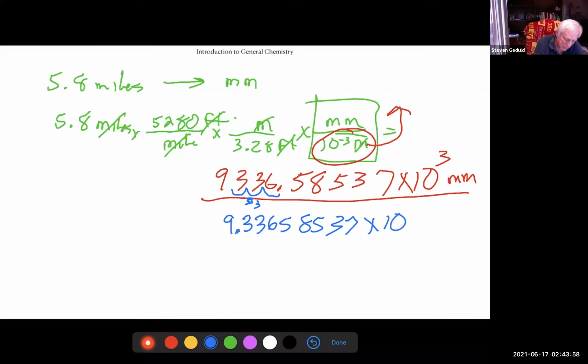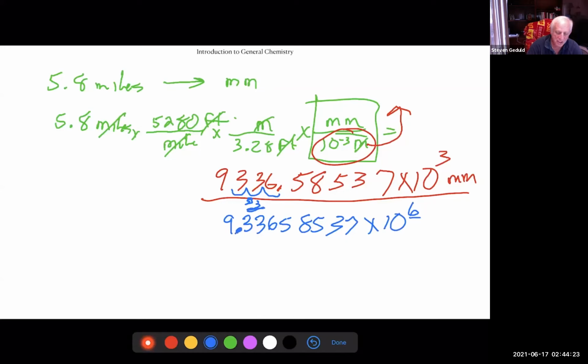Okay, so 9.3, is that bigger or smaller than 9,336? Smaller. So that means I got to make my exponent bigger by 3. So instead of 10 to the third, it becomes 10 to the 6th. I have to make that bigger by 3 because I made this smaller by 3.